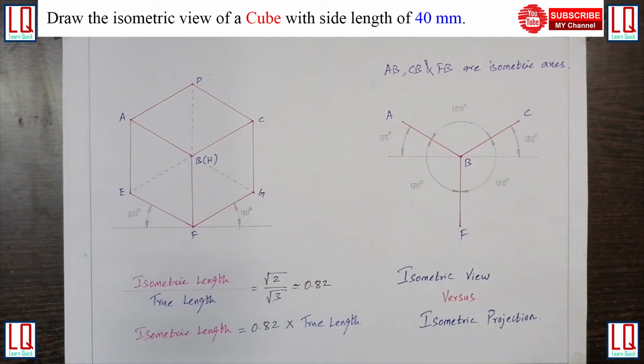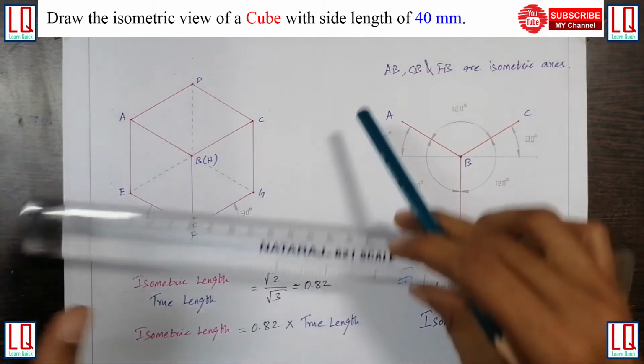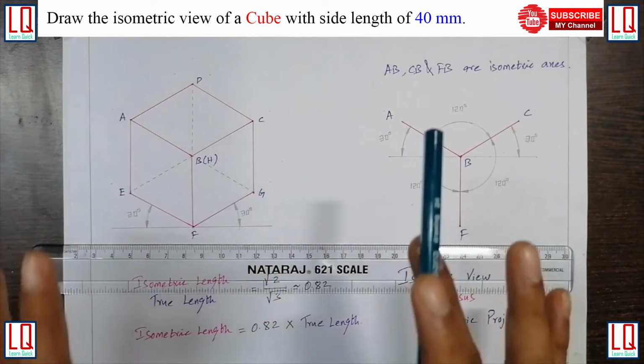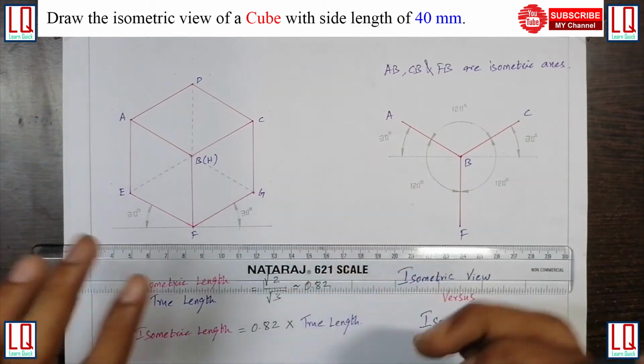For understanding purposes, I am going to draw a square here. You can notice the diagonal AC is of true length. The length of AC from the square has not changed.